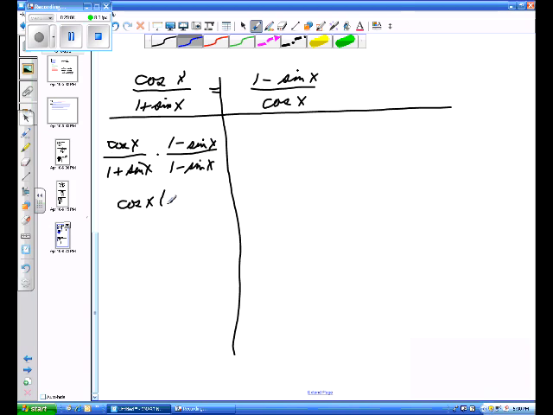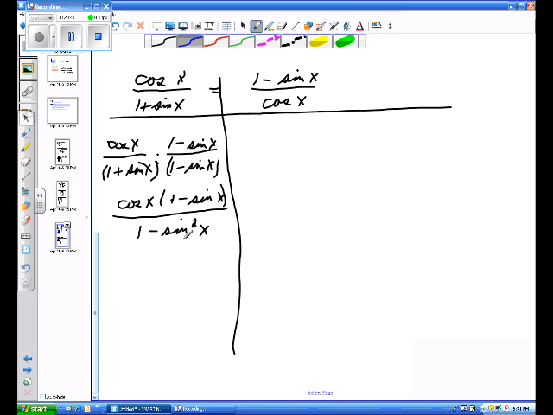So what I have is cosine x times 1 minus sine x over, and if I multiply these, notice these are conjugates. So it's going to be the first term squared minus the last term squared. If not, just use your distributive property: I'm multiplying 1 plus sine x times 1 minus sine x, and I get 1 minus sine squared x, which, if you remember, is cosine squared, since cosine squared plus sine squared equals 1.